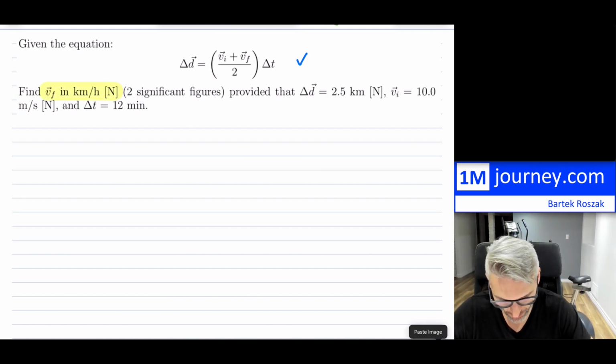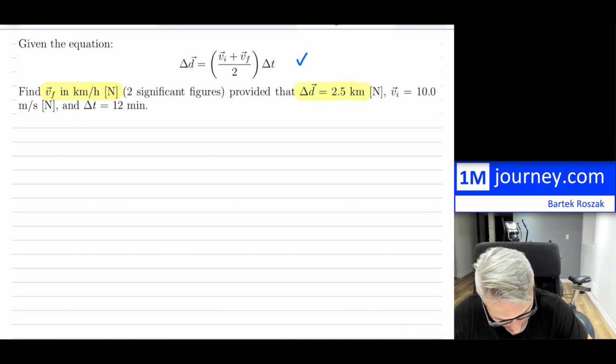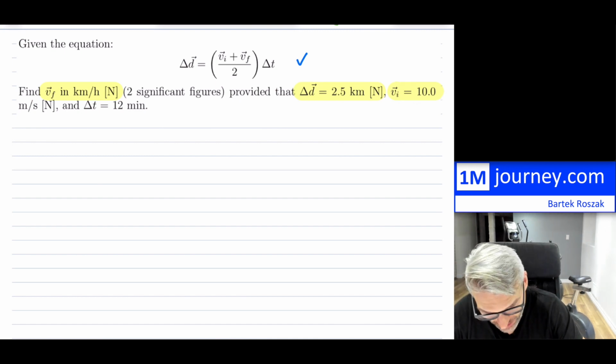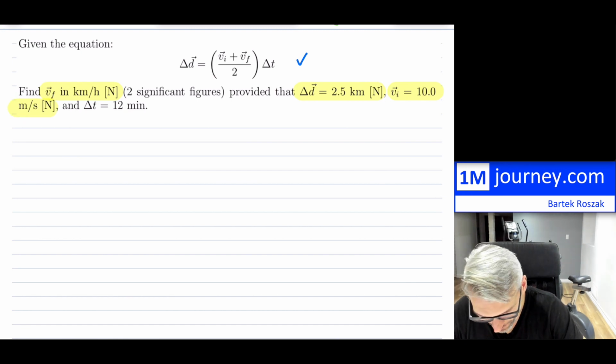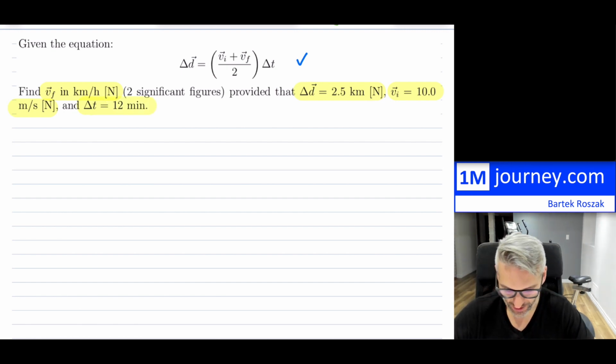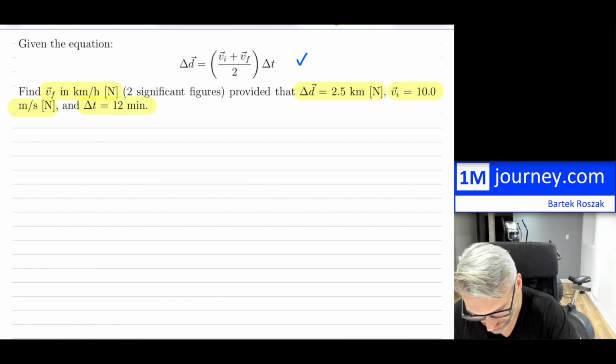Now, we have several pieces of information given. We have the delta D there. We have our initial velocity given. Notice this is north. The displacement is also north. So the directions are fine, and there's nothing to worry about there in terms of direction.